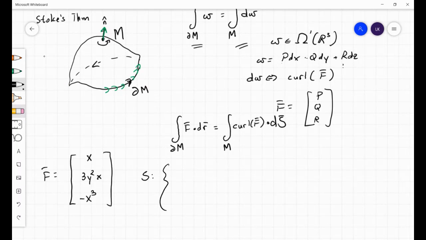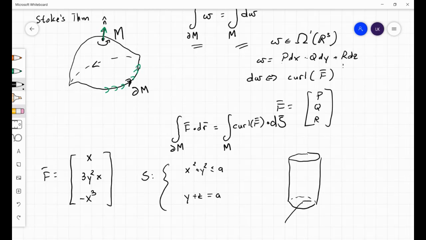And that surface is given by x squared plus y squared equals a squared, and y plus z equals some number a. Okay, so of course, the first equation tells us we have a cylinder of radius a.